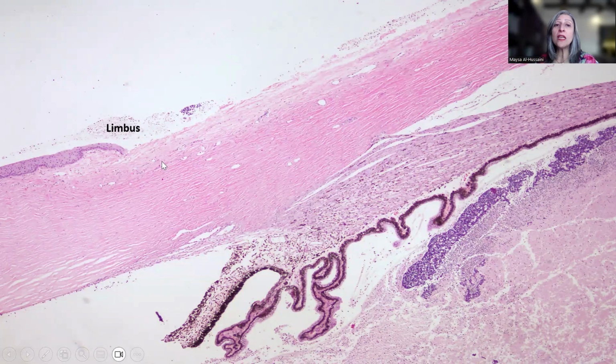This is the cornea, this is the limbus where the cornea meets with the sclera, this is the ciliary body, and this is the iris. These are the three areas that we should always focus on whenever we report a case of retinoblastoma, because involvement of any of these structures would mean a higher risk for the patient and a higher stage for the patient.